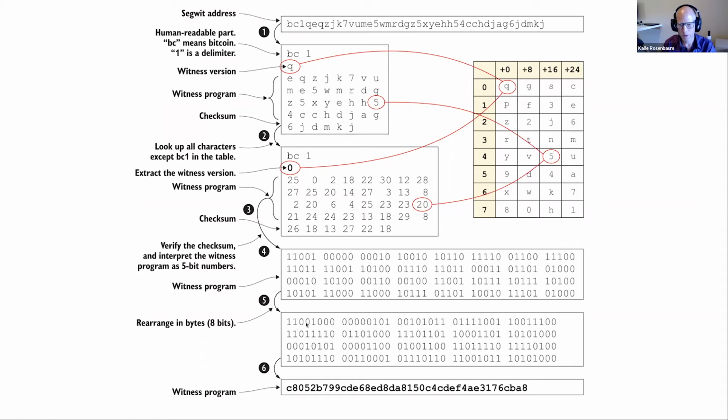So this is C8 right here. And here I have written the witness program in hex code. And so from this decoding, we will extract 2 things. We will extract the witness version, and we will extract the witness program.